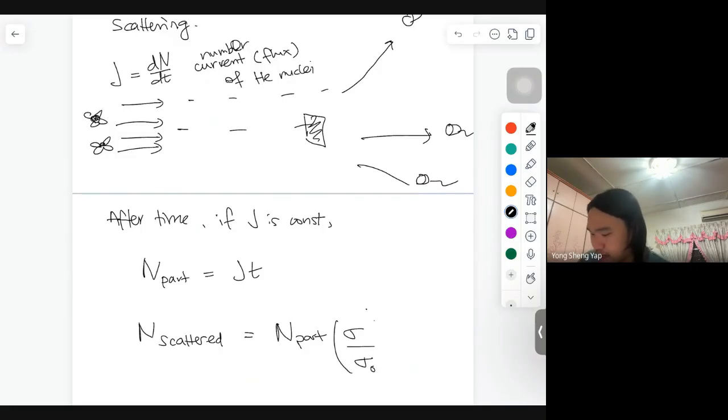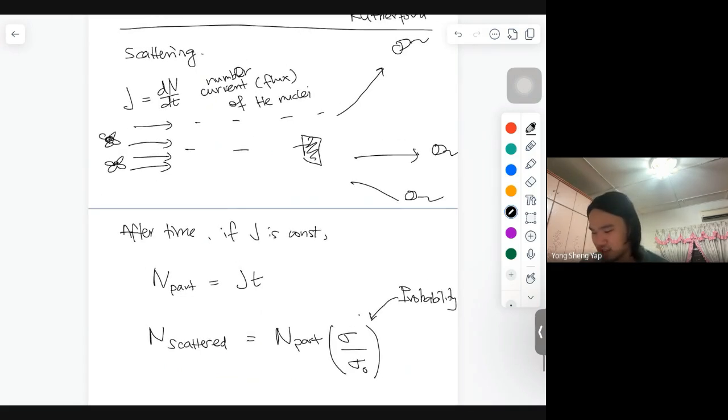So there's a probability that these particles are scattered off and detected by our detectors.